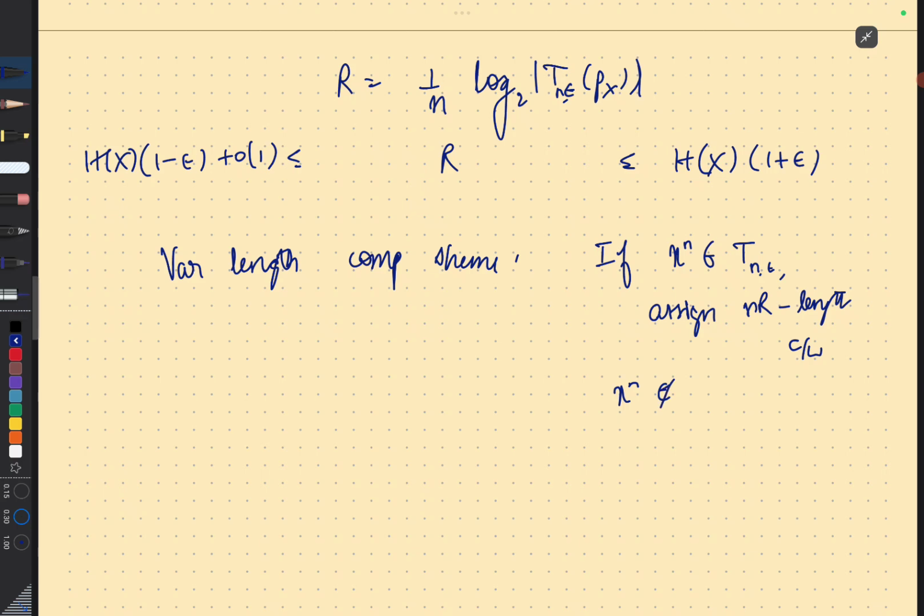If xn is not in Tn epsilon, then you assign the n length code word, the actual uncompressed binary representation.